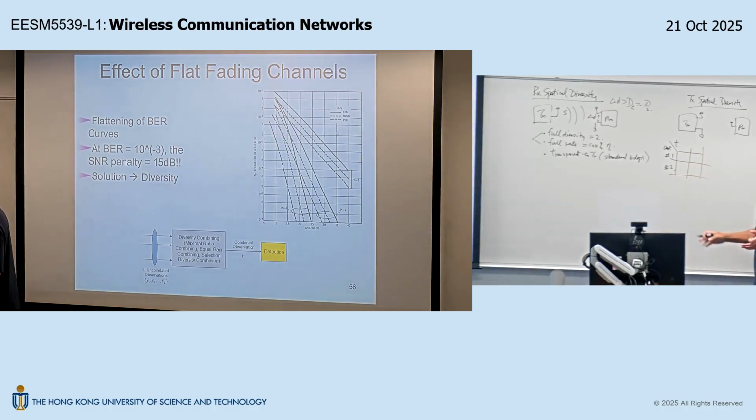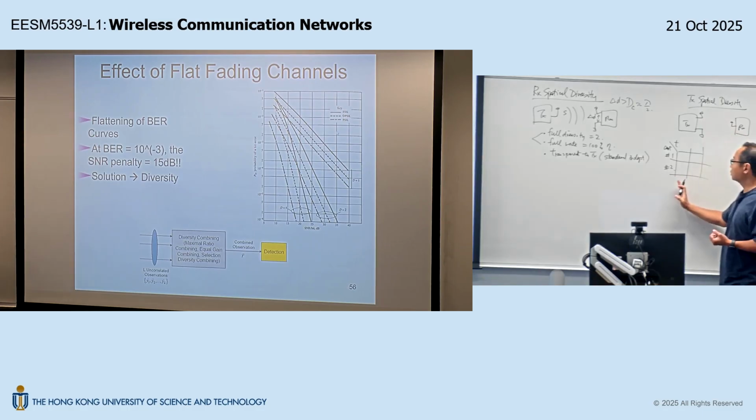No matter how they did it, they found that in order to create two diversity observations, you have to use the channel 2 times. So in the first transmission, in the first symbol, you just transmit a modulation symbol S on the first transmit antenna, and transmit nothing on the second antenna. In this way, you created one observation, right?